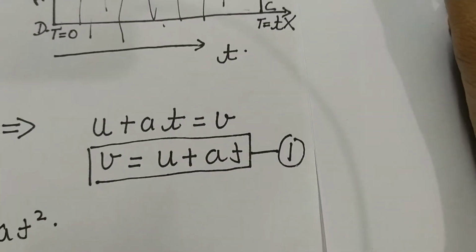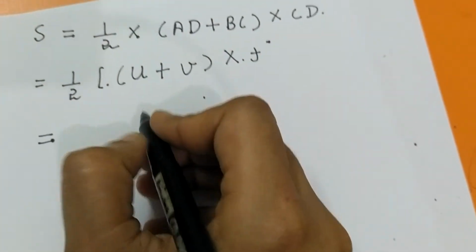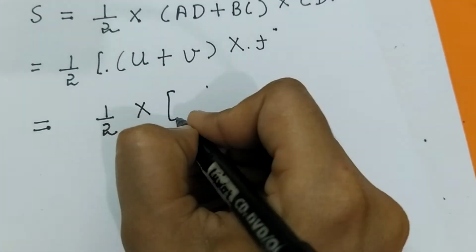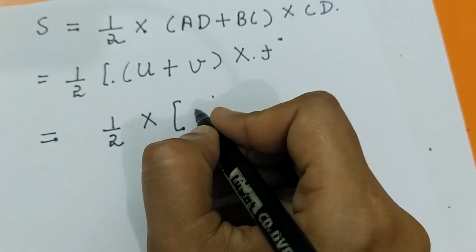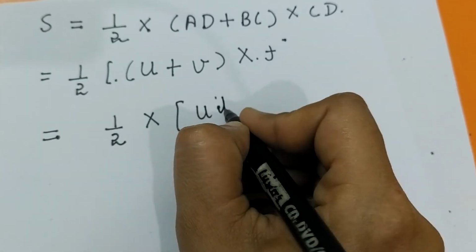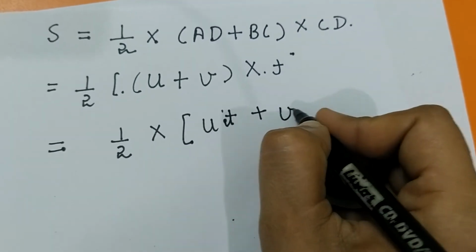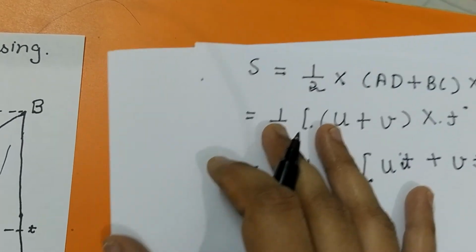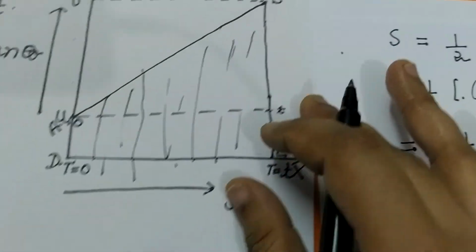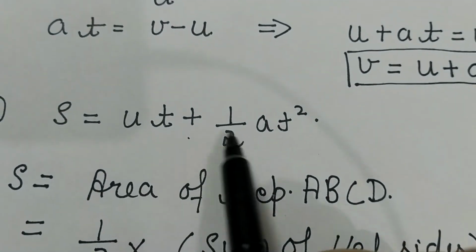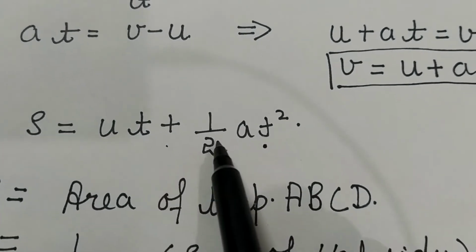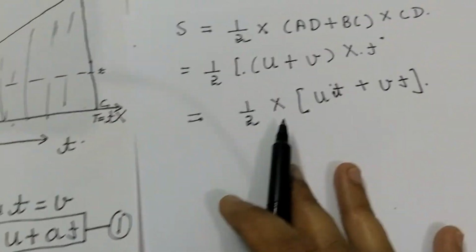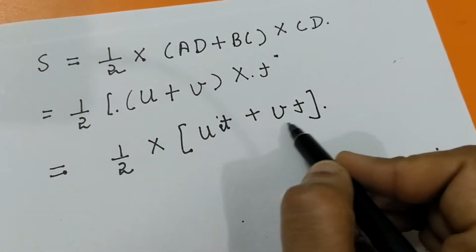Now we will solve this equation: 1 by 2 into (ut plus vt). Now if we see the required equation of motion, s is equal to ut plus half at square, the term v is missing, so we don't require the term v, so we will eliminate it.